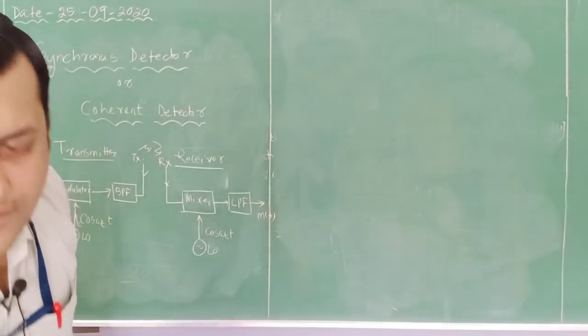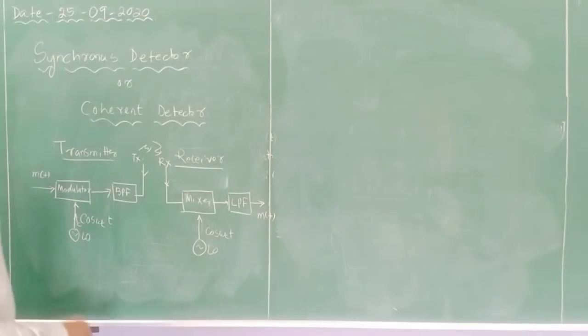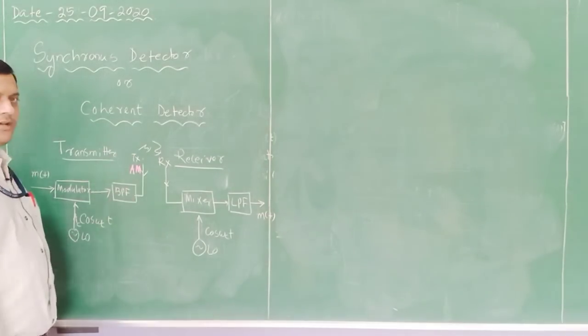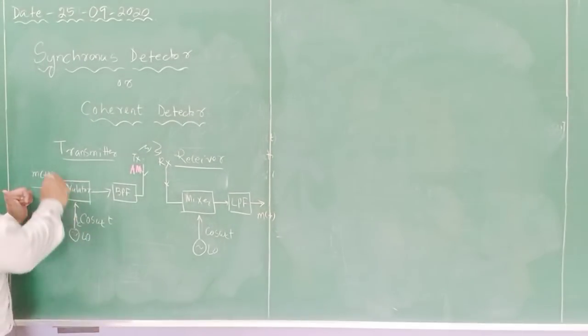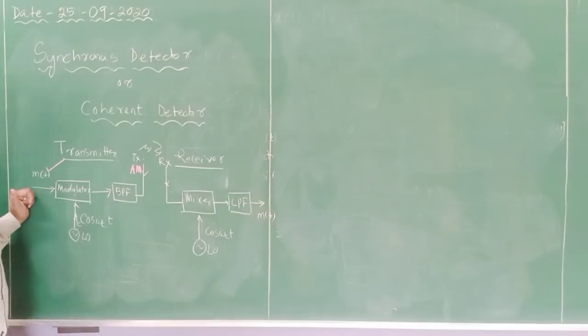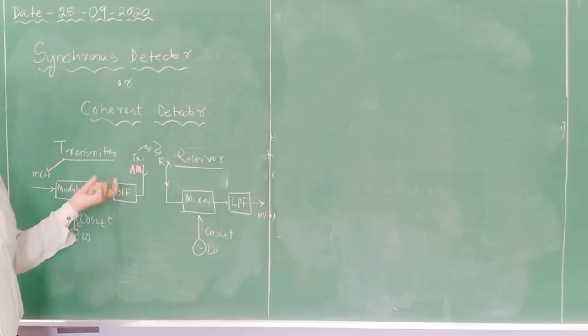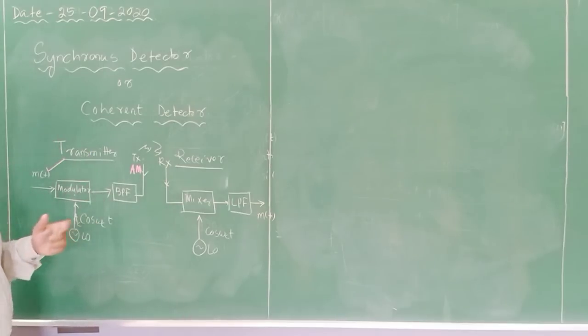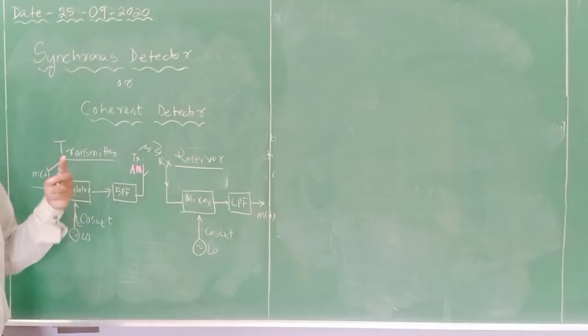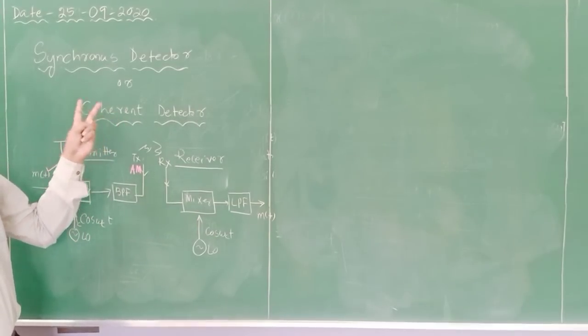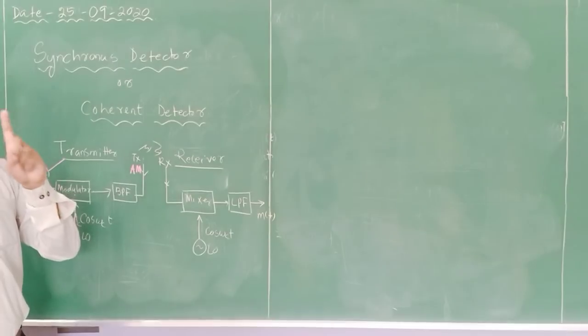In this block diagram, the first part is our transmitter, in which we generate the AM signal. First the modulating signal is passed through a modulator, either a square law modulator or a balanced modulator, which we will discuss. In a balanced modulator there will be two diodes for the positive half and negative half, whereas in the square law modulator we discussed only one diode.